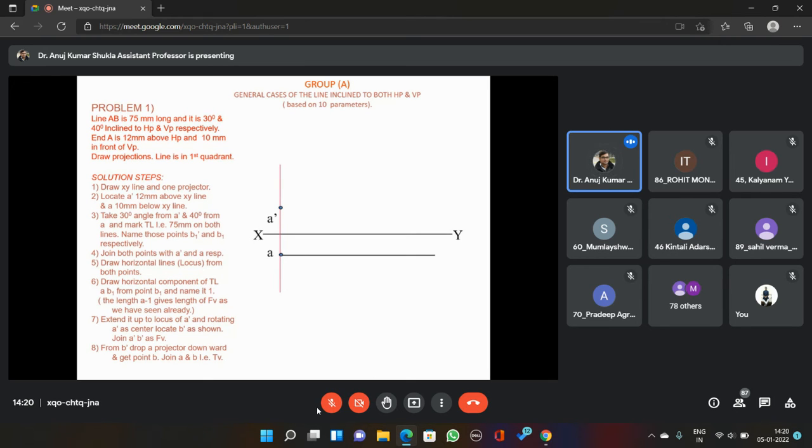Everything will go with reference to your reference line XY and the orientation of your paper. It should always be horizontal with your XY line. The upper and lower lines of your paper, like if you are using A0 paper or A4 paper, should always be parallel to XY.